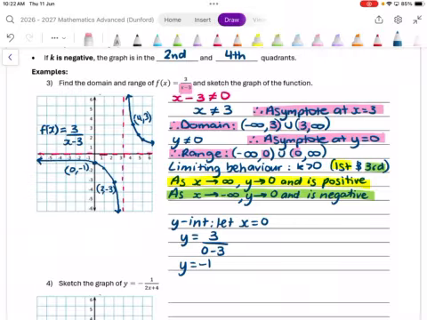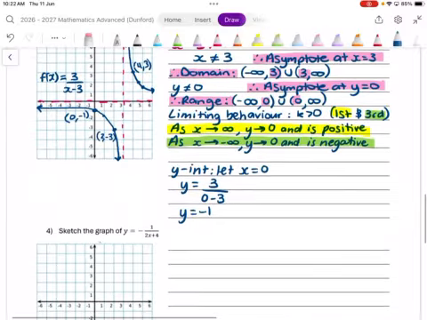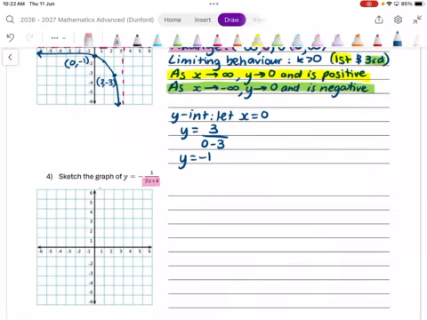Okay, moving on to example 4. We want to now sketch the graph of y equals -1 over 2x plus 4. So what we have is our denominator cannot equal 0. So that whole 2x plus 4 cannot equal 0.